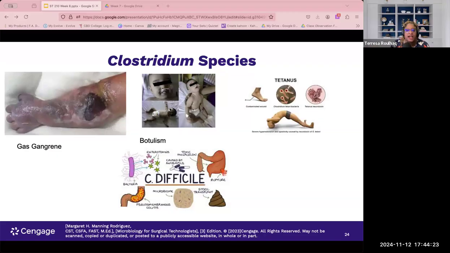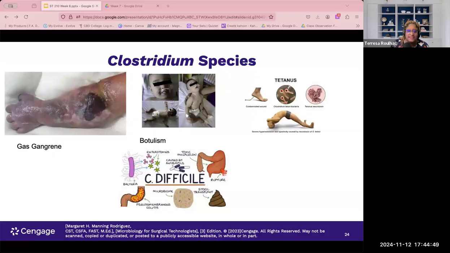Tetanus is caused by the tetanospasmin toxin, which leads to muscle spasms and rigidity. So they become stiff. It's often associated with puncture wounds, particularly from rusty nails or other contaminated objects. Tetanus can lead to severe complications, including respiratory failure due to paralysis of the respiratory muscles.